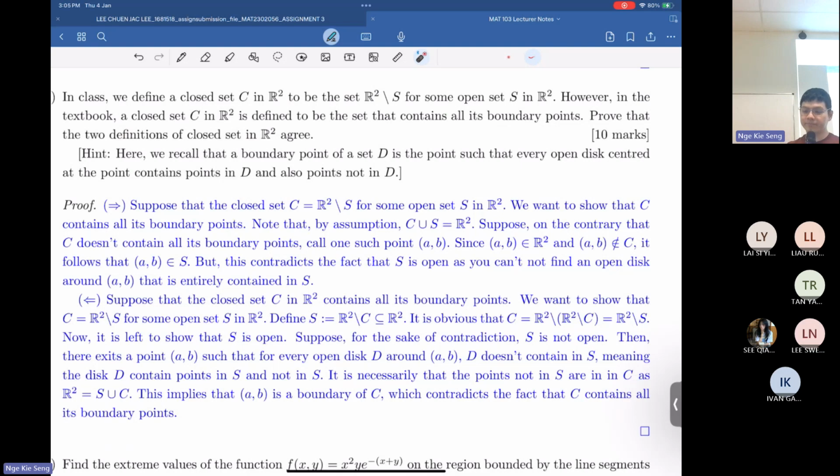So what happened? Let's pick such a point. Then this point is in R2 but not in C. Meaning what? It must be in the open set.